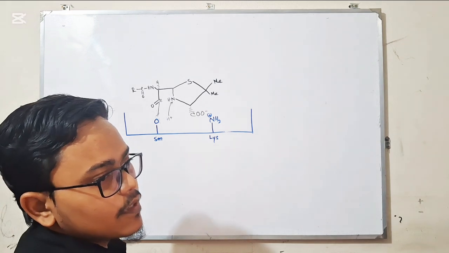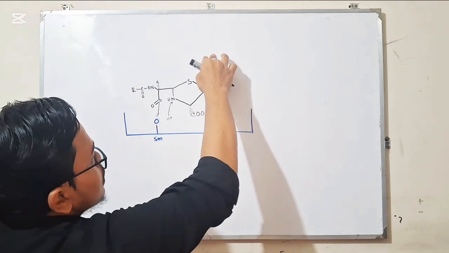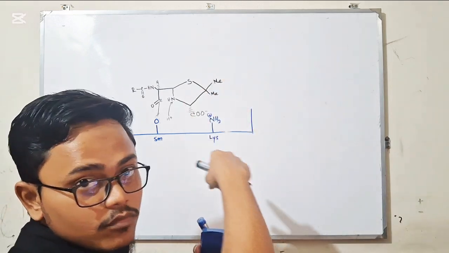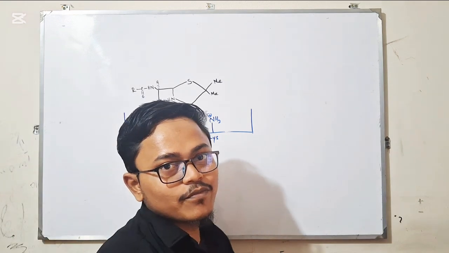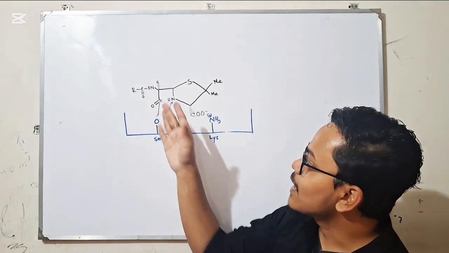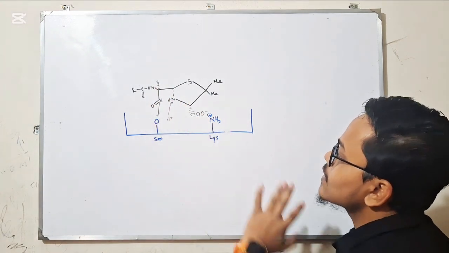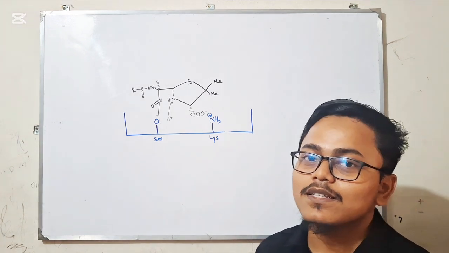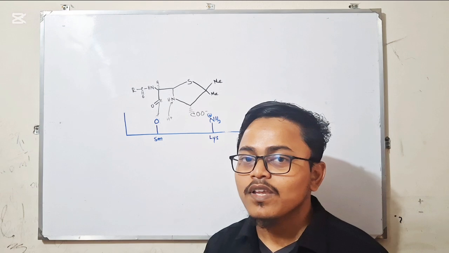So is there any possibility that D-alanine comes here and glycine comes here and they form a bond as I showed you before? No, it's not possible now. Basically this penicillin blocked this transpeptidase enzyme. This is the mechanism. Wow, it's really quite interesting.